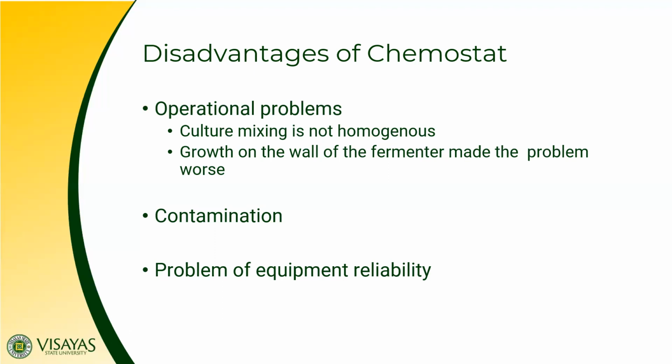Also, one of the disadvantages is contamination: there is a constant feeding of nutrients into the bioreactor, so there is a risk of contamination from the outside environment. There is also a risk of contamination because there is a removal of the unused nutrients. Okay, so another problem is equipment reliability.